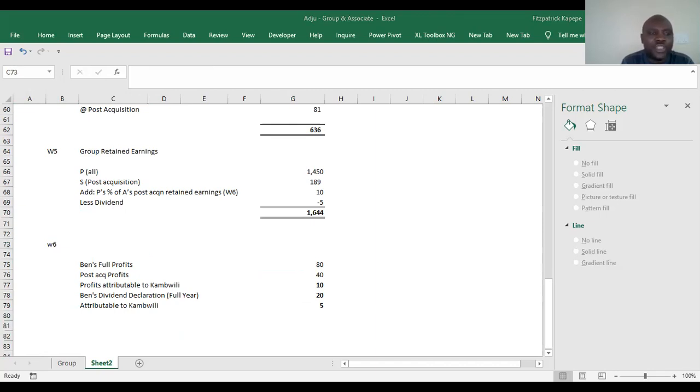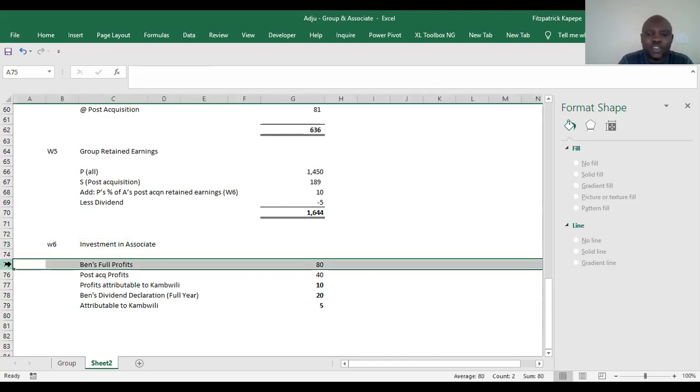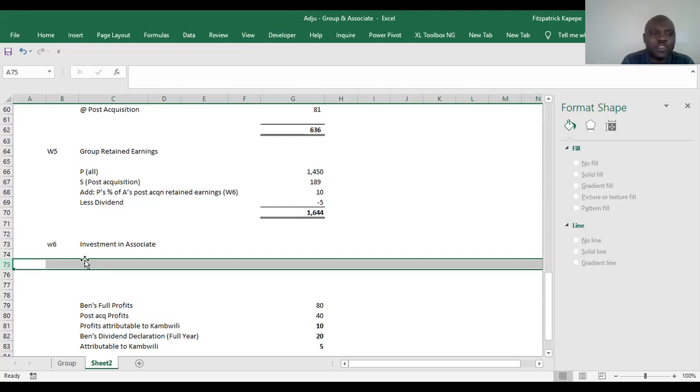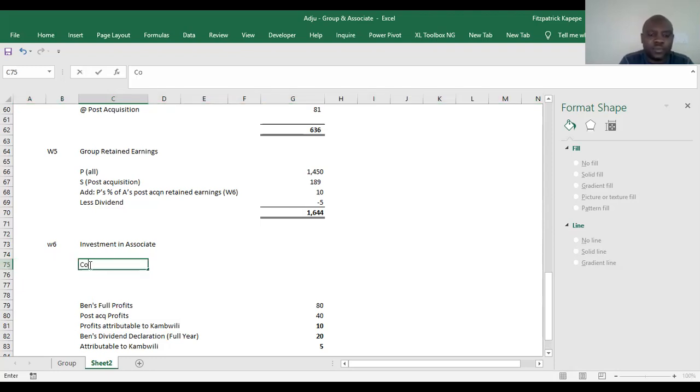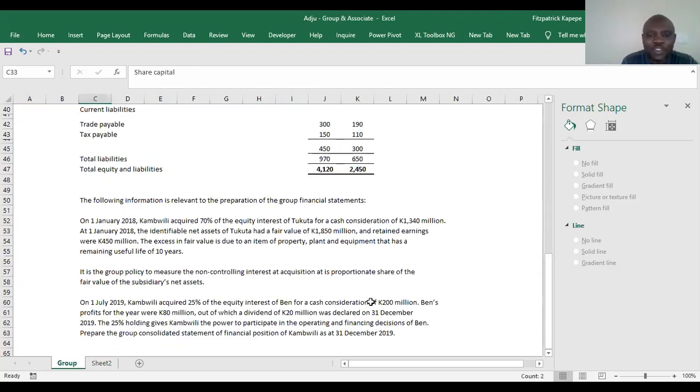So then now we go to investment in associates, which is basically investment in Ben. So I'll start with the cost of investment. How much was the cost of investment? It was 200 million. It's here.